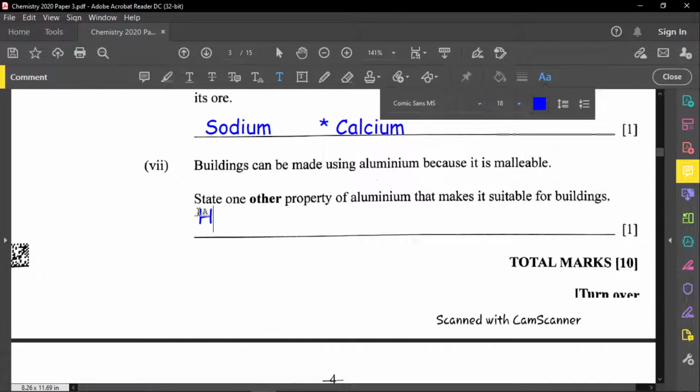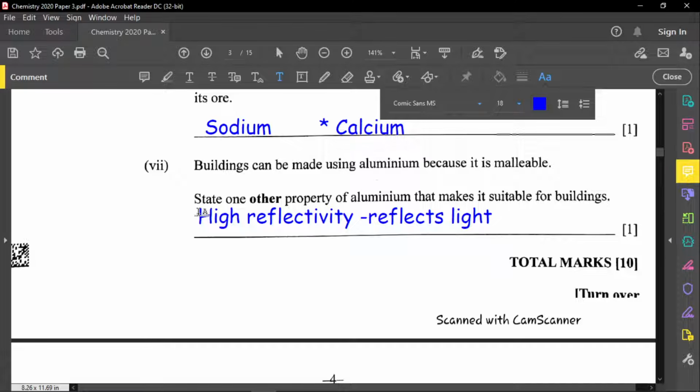So it has a high reflectivity. So it can reflect light easily. I must make a point right there: reflects light. Once it can reflect light, it will make the building a little bit cooler than using other dull metals that will absorb heat more.